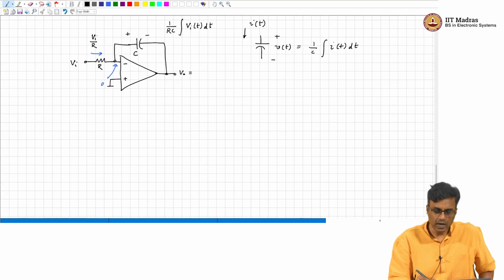So, the output voltage will be minus 1 by RC integral Vi of t.